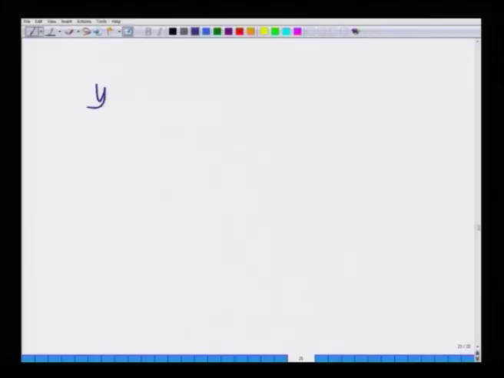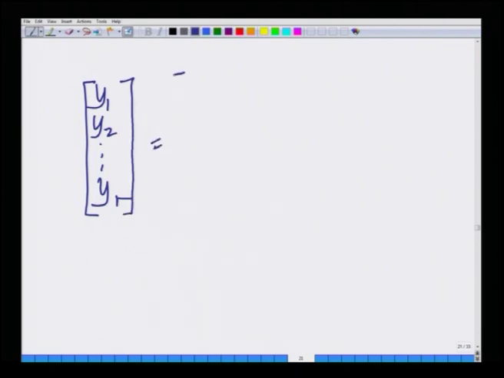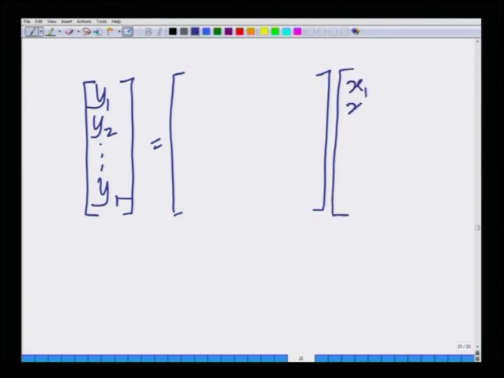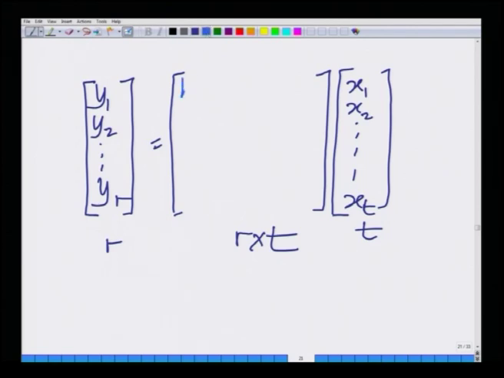So, I have the R dimensional receive vector y1, y2 up to yr, which is some matrix times x1, x2 up to xt. This is T dimensional, this is R dimensional. Hence, we know that the matrix has to be R cross T dimensional.